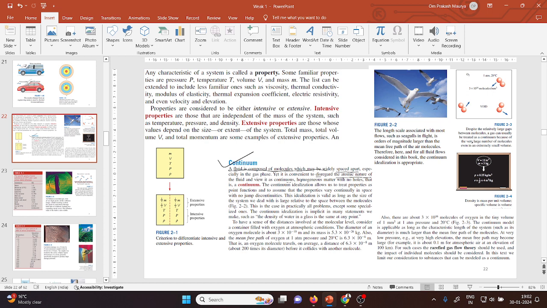Okay, so here what is written? Yes, actually there is a distance between the particles, but we consider the matter homogeneous, and there is no hole between the particles. That is the continuum assumption. Why the continuum assumption? Because we need to formulate the physical problem in mathematics, and to apply mathematics you always need the continuum.